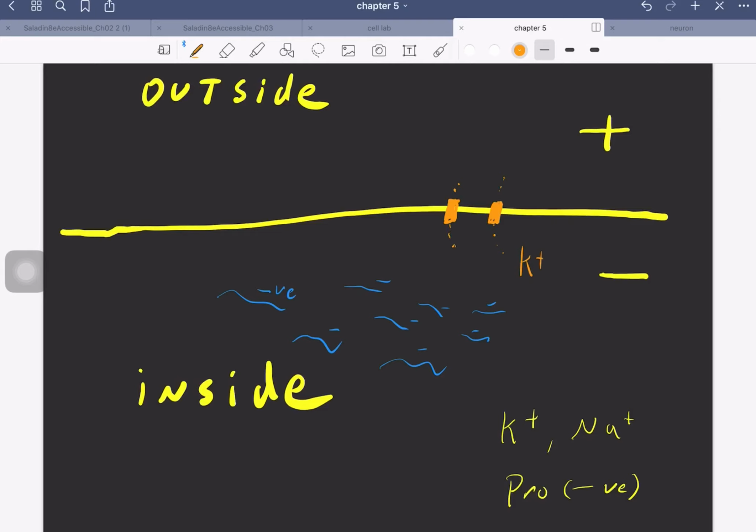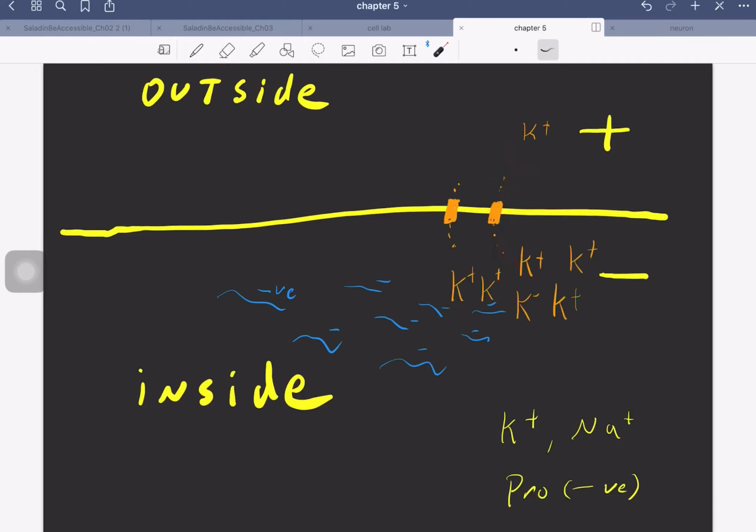Now, what types of things are driving potassium to either leave or enter? Well, think about it. If I have a lot of potassium inside the cell, all right, let's draw a lot of potassiums inside the cell, and there's very few potassium on the outside, of course, there'll be this force that will try and drive some of the potassium out. And you can think of some of the forces that would do that.